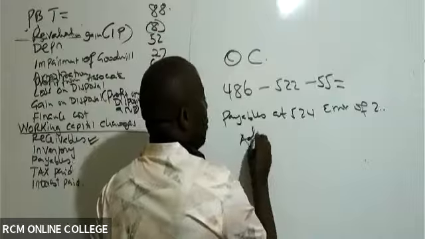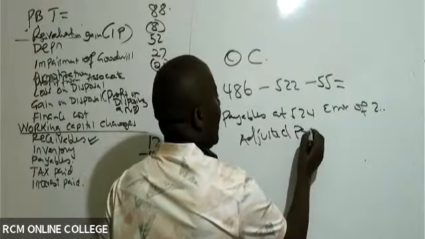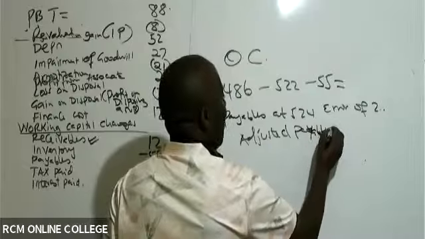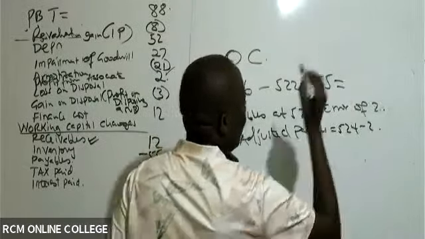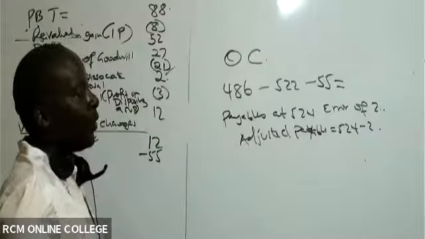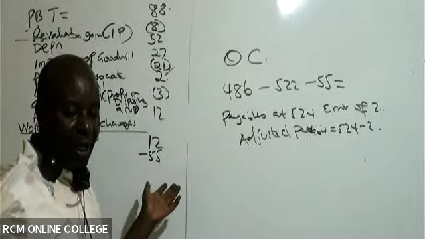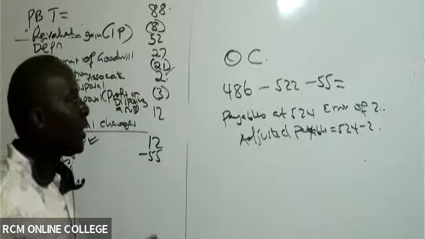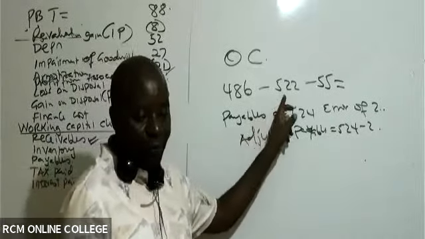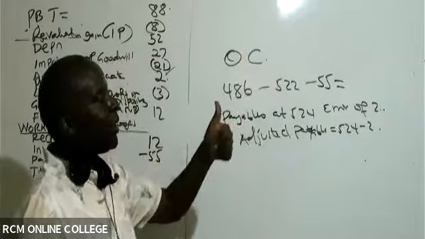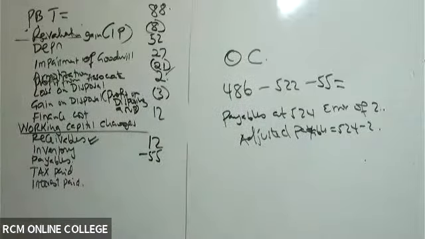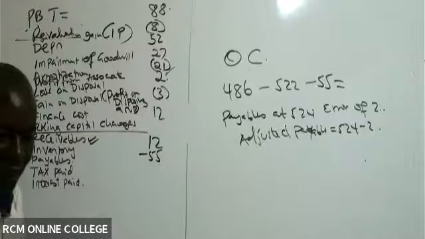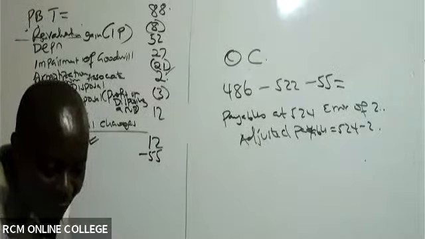So the adjusted payables will be 524 minus 2. That 2 we shall be taking to PPE. So are we in agreement that the closing payables are supposed to be 522? Yeah. Great. Kwa hivyo inamaanisha namna gani? Payables inafaa kuwa ngapi? Payables inafaa kuwa 522.